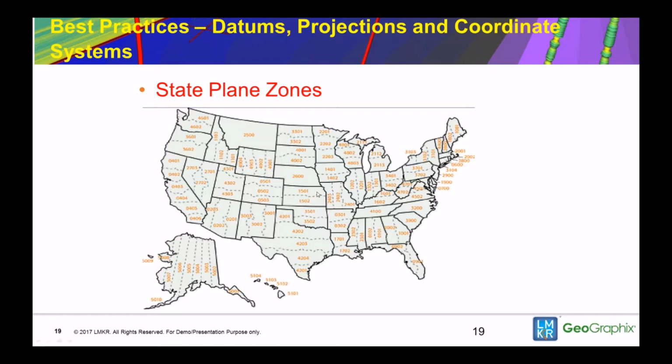And you'll notice here that states like Texas and Kansas and Oklahoma and Colorado, which are longer east to west, will use the Lambert conformal map projection. And the ones that are longer north to south, like New Mexico here, will use the Universal Transverse Mercator projection.